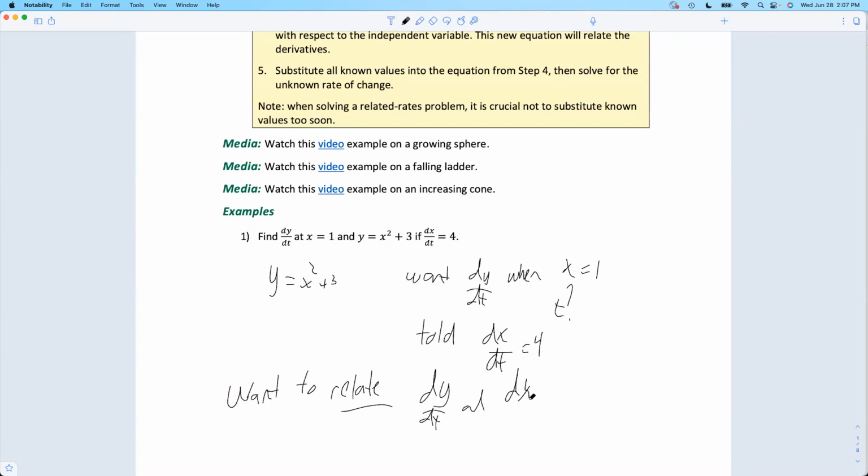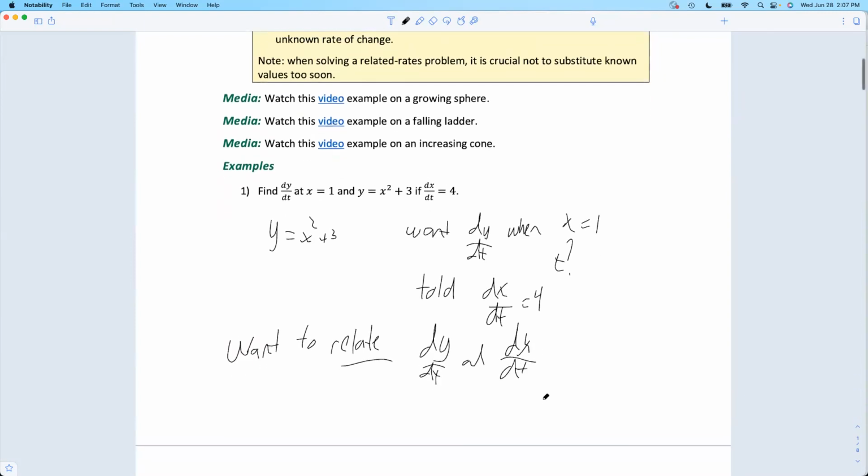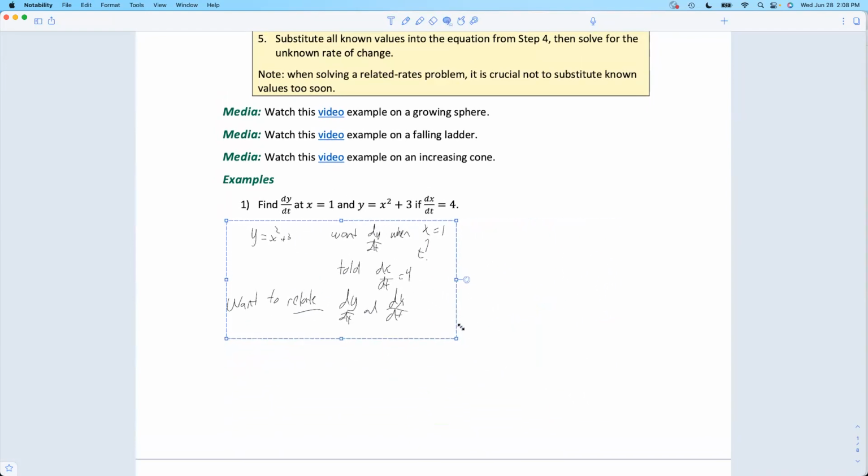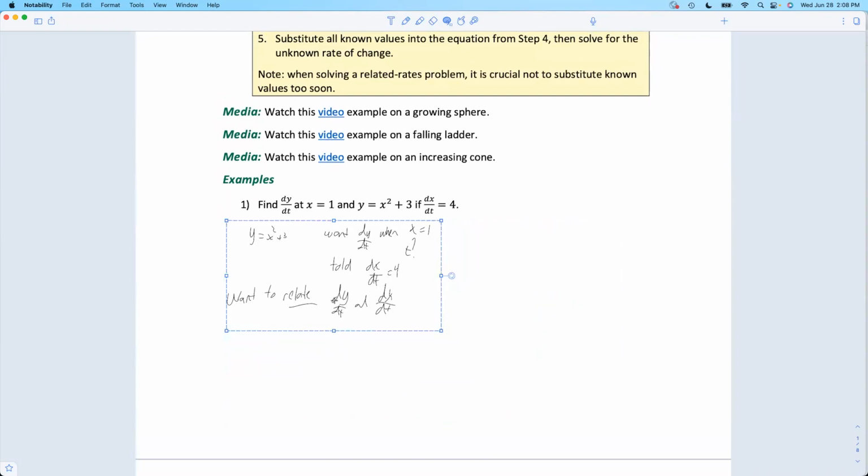And however I can come up with that relationship is good. Sometimes there's more than one way. Sometimes there are a bunch of different ways to find that relationship. In this case, there won't be. There will only be one. But just somehow, we got to come up with a relationship between dy dt and dx dt.